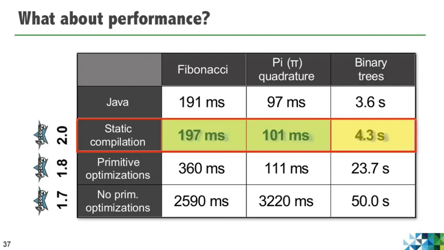So in the Fibonacci and pi quadrature examples, it's pretty much the same performance, a little overhead. In some other examples, like the binary trees micro benchmark, we're about 20% or 30% slower than Java.